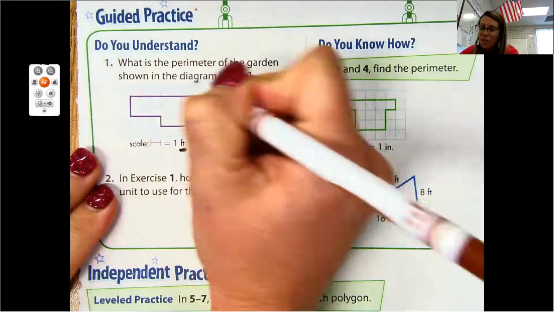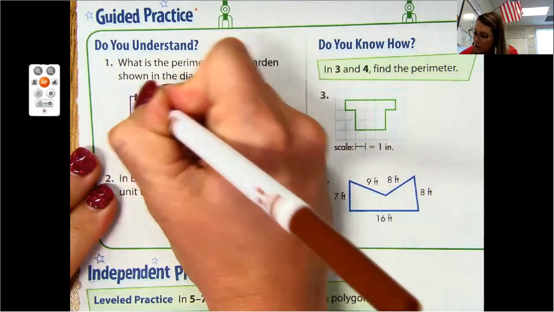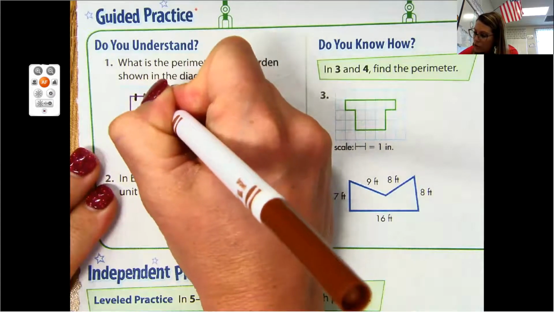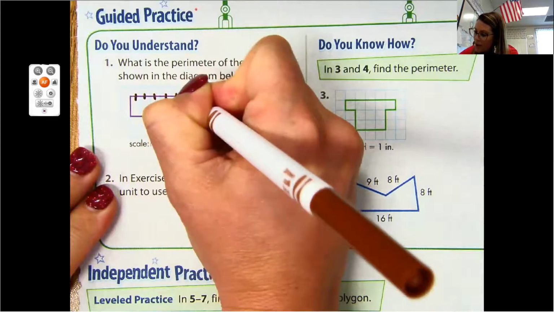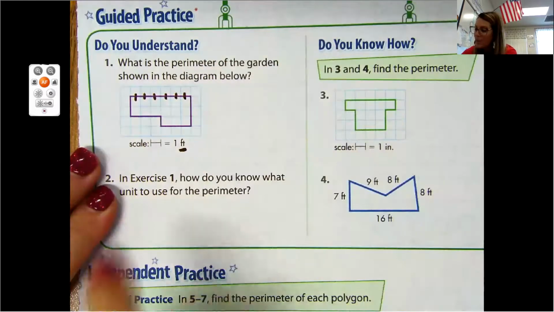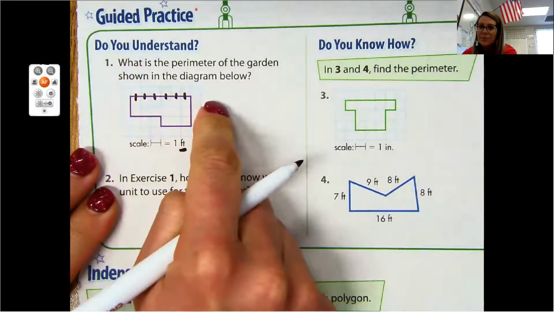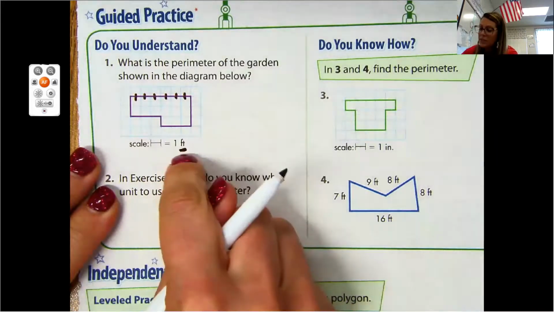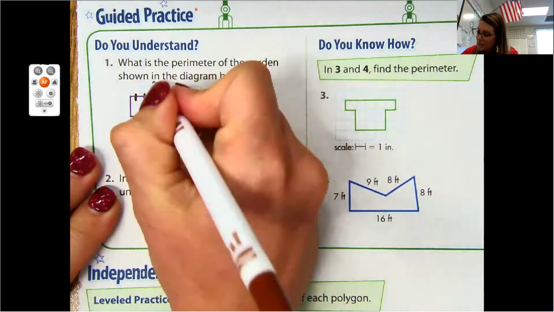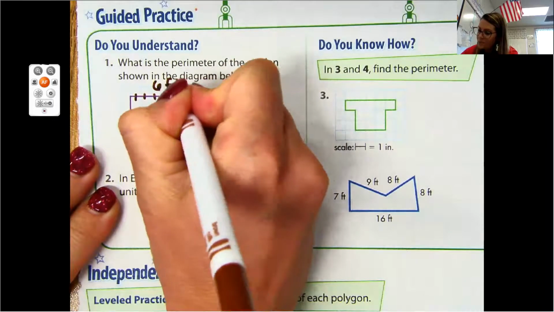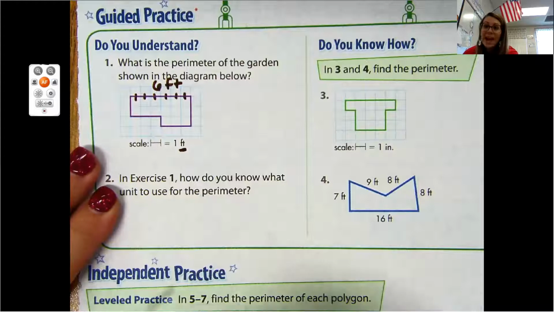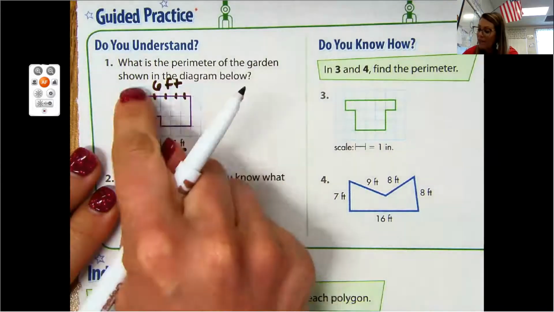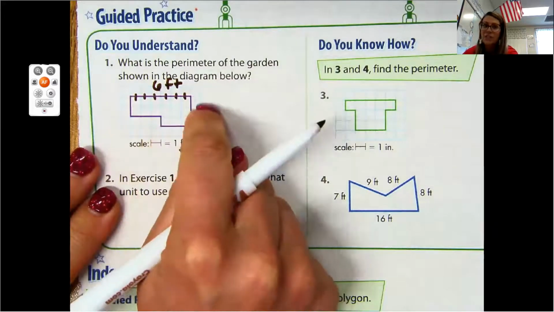So we're going to count each box. We've got 1, 2, 3, 4, 5, 6. So this top line is across 6 of those squares, which means it's 6 feet. Okay, so we have to do that around every single edge of this shape.